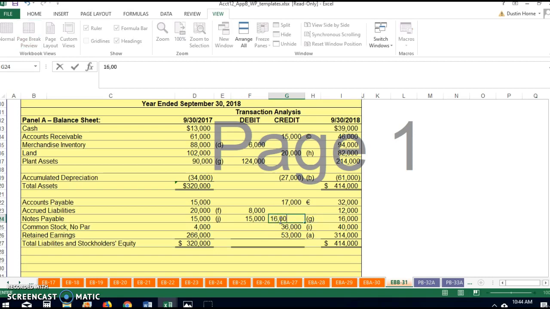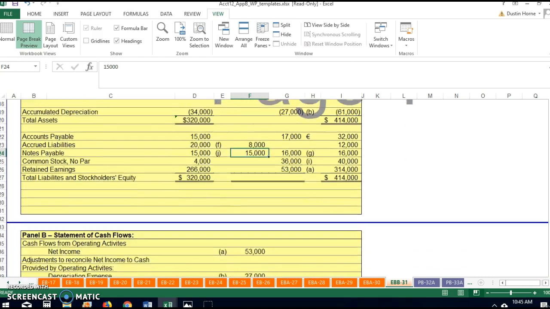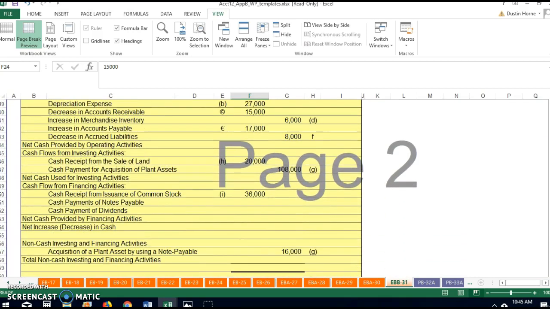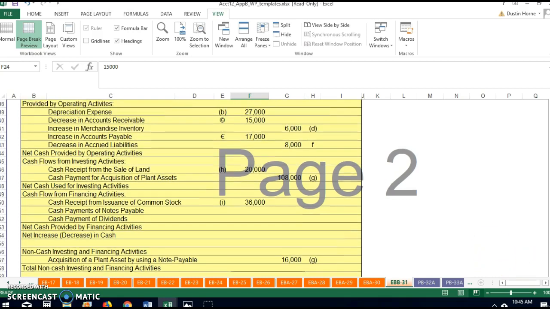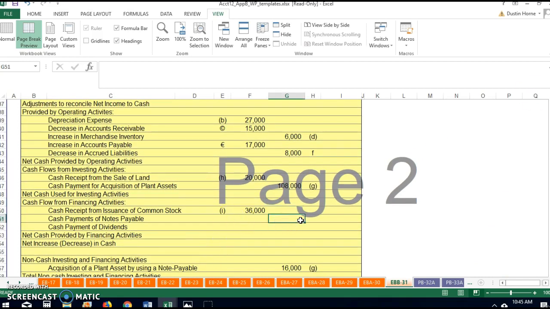So notes payable increased here by 16,000. Okay, I need to go back and put that as well. And down here we have the 16,000 in non-cash investing activities. Okay, all right, now we paid a notes payable. Anytime we do a long-term liability, it's going to be down here, and that was transaction J. I think the hardest part is just keeping up with all these transactions and what letter goes with what.